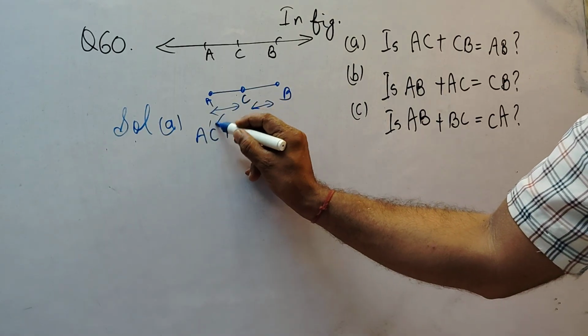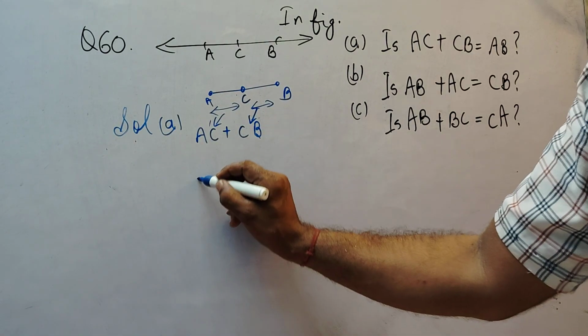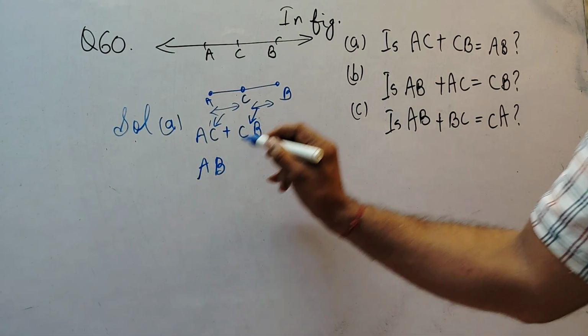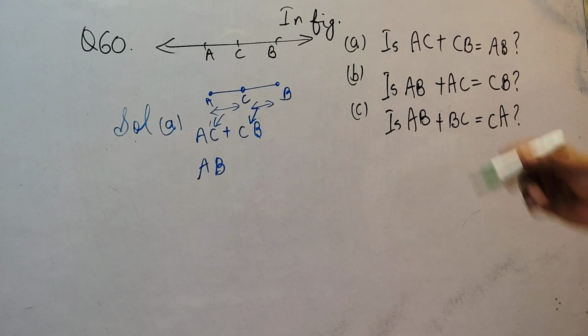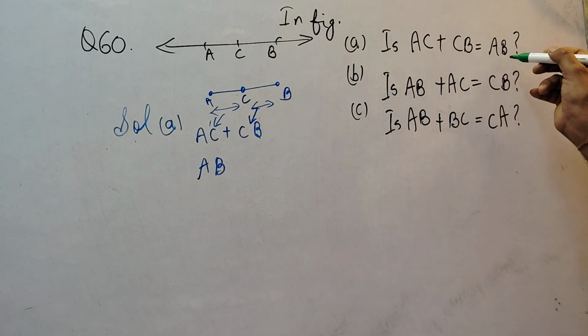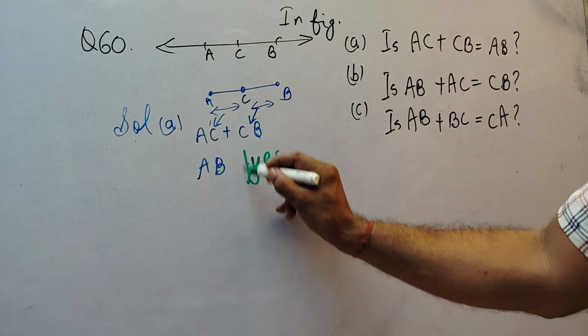The first part is called AC, the second part is called CB. So it makes the total AB. From this diagram we can say AC plus CB equals AB. So yes, the answer is yes.